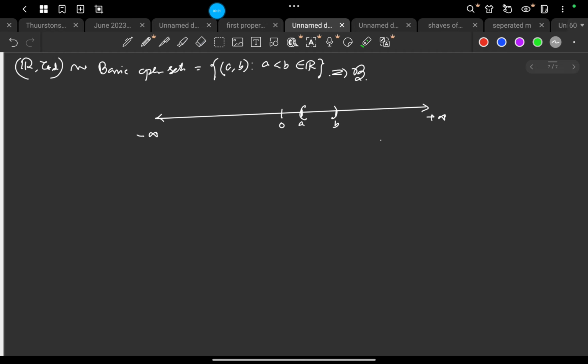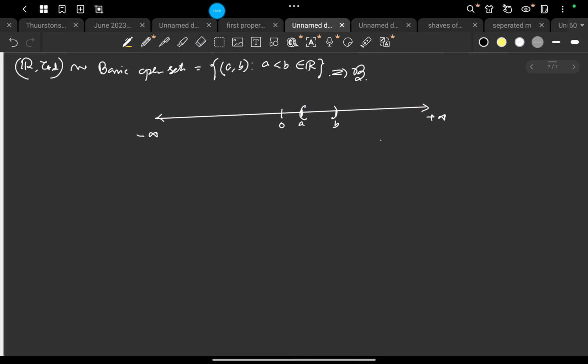I want to get two open sets in R whose intersection is this open interval (a, b). So of course you must have got this idea that if we consider this line and again this line, then the intersection region of these two open intervals, minus infinity to b and a to infinity, is nothing but (a, b).